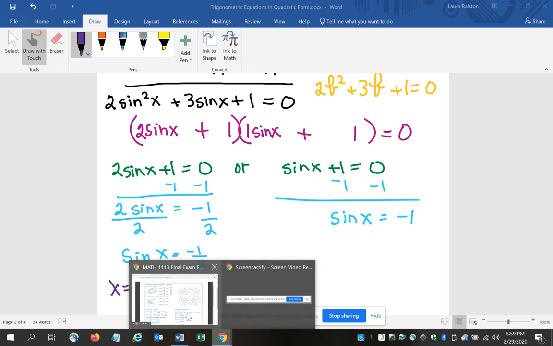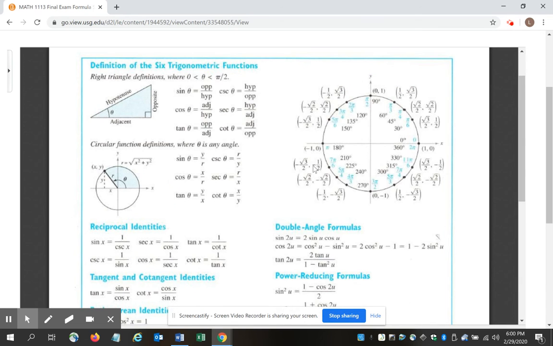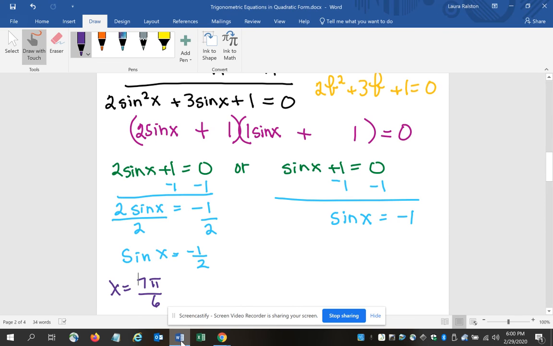But I need to keep going. Make sure you make a full revolution because there should be another one. If I keep going, again, looking for negative 1/2 as the y coordinate, I find another one in the fourth quadrant, which corresponds to 11 pi sixth. Okay, so I have either 7 pi sixth or 11 pi sixth. And then I've got to think about the other one.